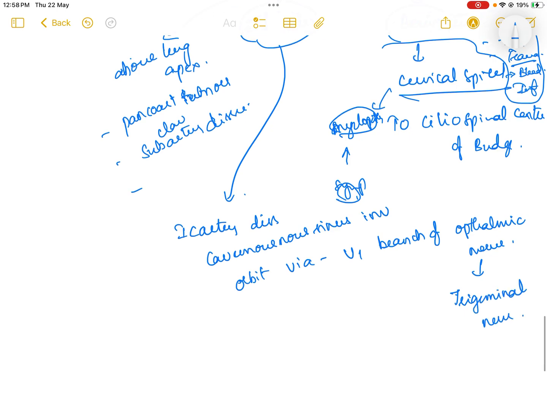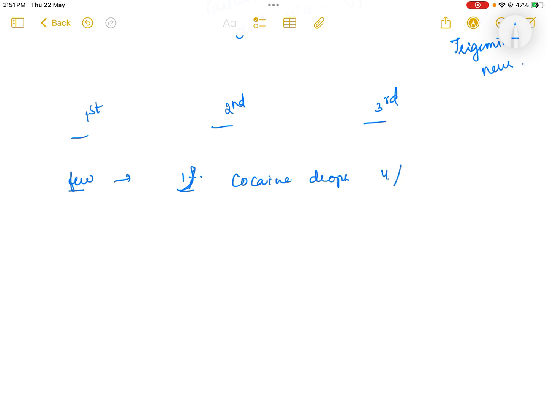So how do you differentiate the Horner syndrome? Is it a first order neuron, a second order neuron involvement, or a third order neuron involvement? To differentiate between first order, second order, third order neurons, few tests are there. First one is cocaine drops, 4%, instillation.